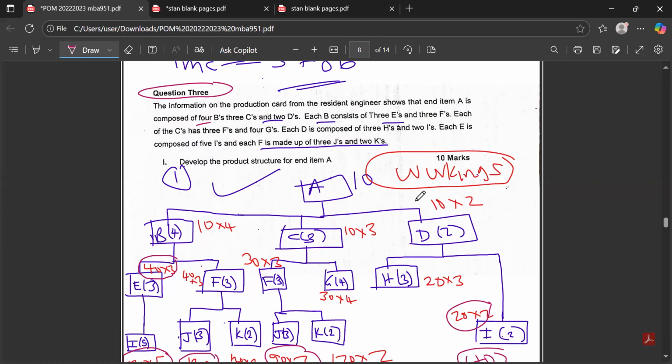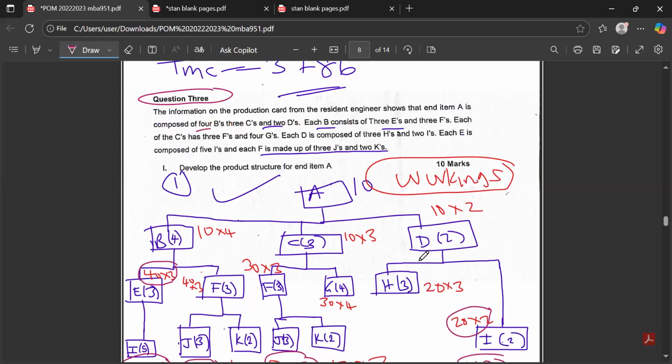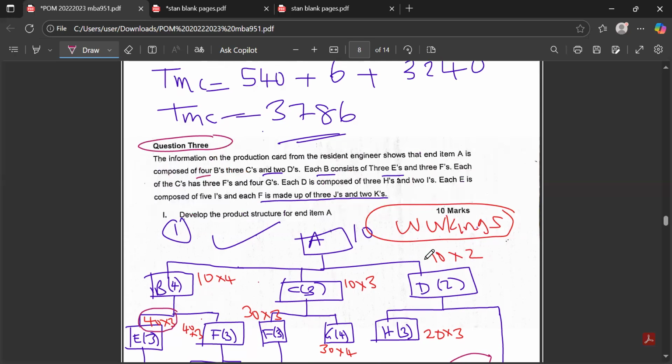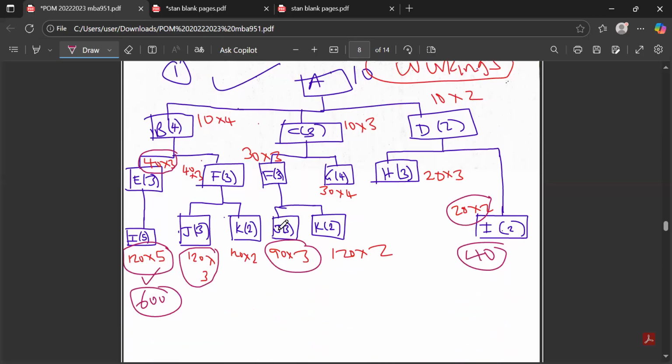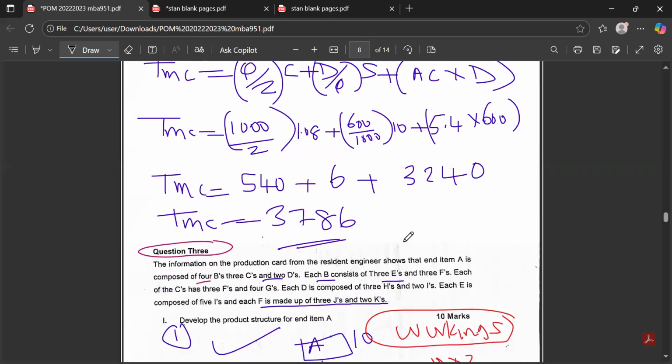And D is composed of 3 H and 2 I. Each E is composed of 5 I's. And each F is made up of 3 J's and 2 K's. So it's the same F here. That's why we had to reproduce from F, this one and this one. We come up with this structure tree for the first one for 10 marks.